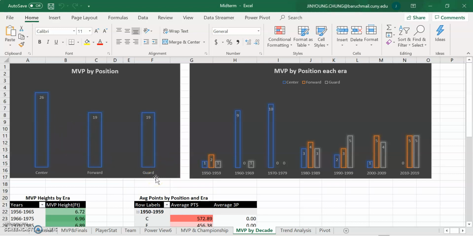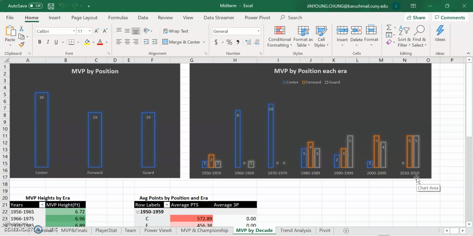However, after dividing up the data by each decade, I realized that centers won MVP during the early era of the NBA, while forwards and guards became more important in these days, starting in the 1980s. This information tells us an important message that the trend of the game has changed.